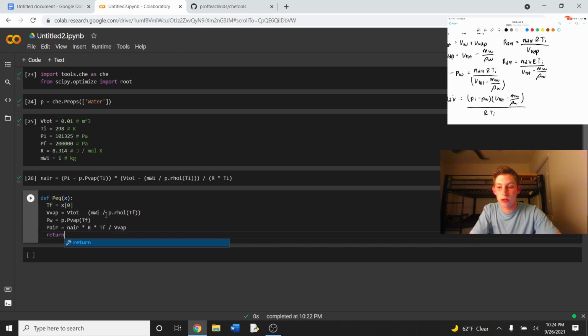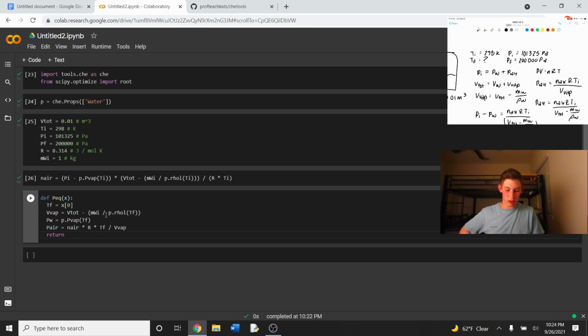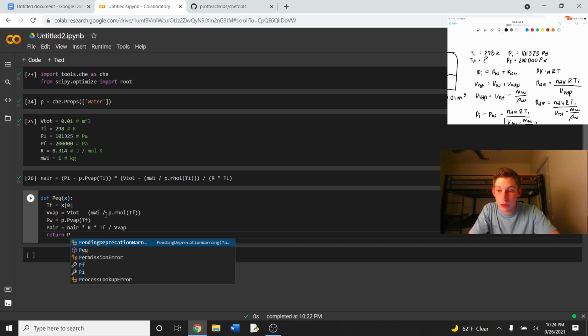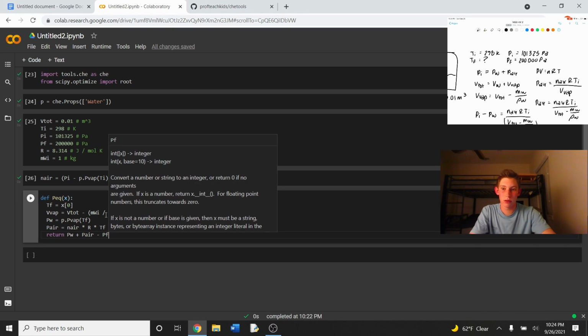And then we want this to return an equation equal to 0, so we're going to use the partial pressure. So instead of the initial pressure, we're going to have the final pressure because we're going to look at the final temperature, equals the partial pressure of water plus the partial pressure of air. So we want to say that the partial pressure of water plus the partial pressure of air minus the final pressure equals 0.